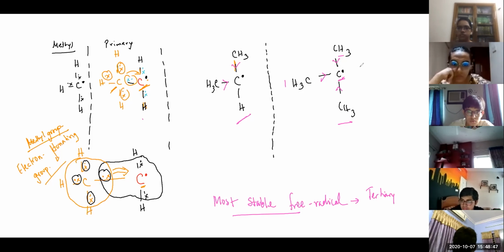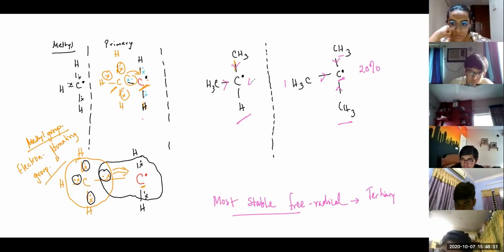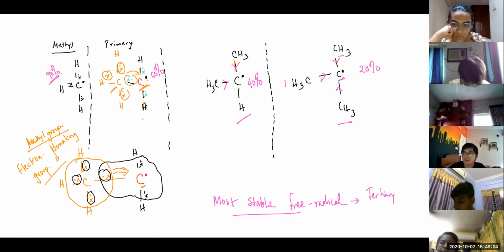So his hunger is, suppose, 20%. His hunger is 40%. His hunger is 60%. And his hunger is like 90%. So the methyl group is the most hungry for electrons. Why?